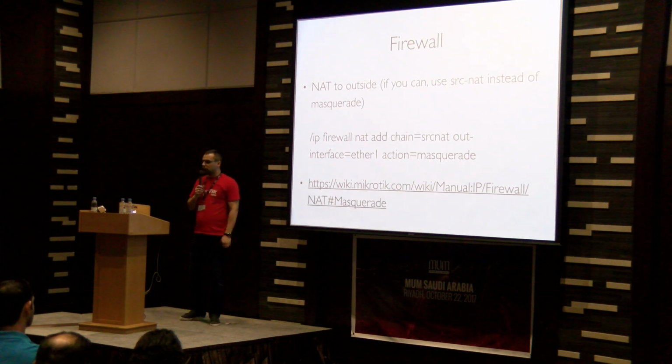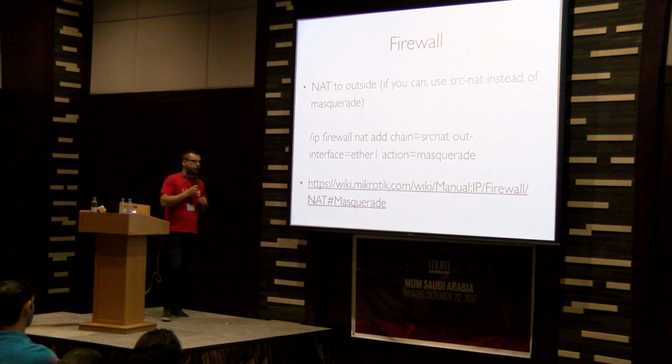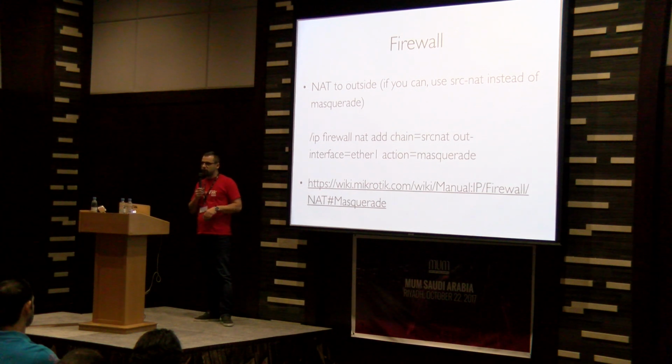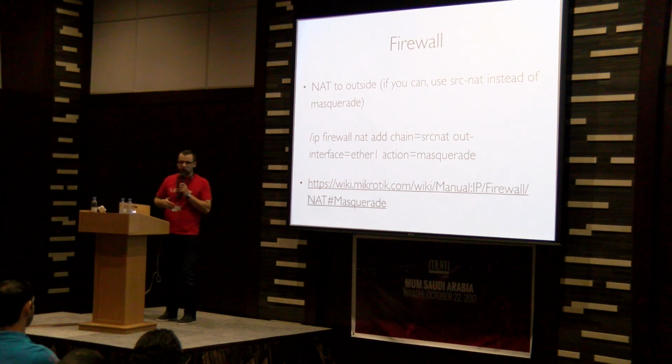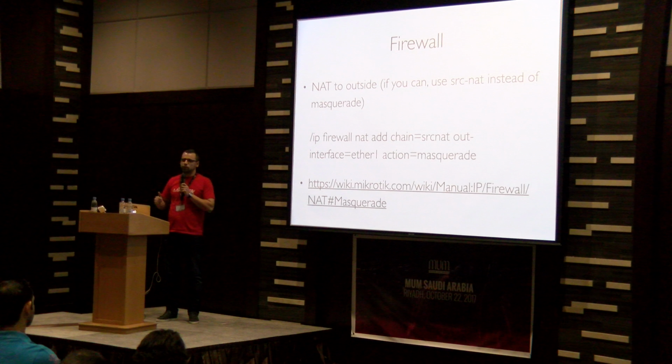However, if you don't use dynamic public addresses, we strongly recommend to use SRC-NAT, because masquerade has a special effect: every time there is a VPN tunnel connecting or disconnecting, it looks through the whole connection table, which consumes CPU. For example, if you have 500 tunnels, every connect and disconnect will go through the whole connection table just to see if there is a connection which needs to be closed.